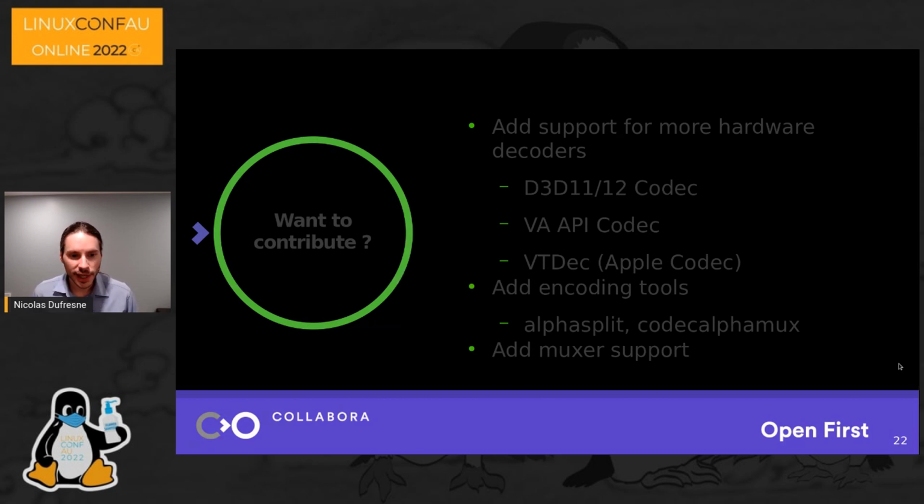One of the things I looked at is what other hardware accelerators could be used to do that. I got that it should be fairly easy with Direct3D 11 decoders to do that, and version 12 also. It's just about someone to do it.